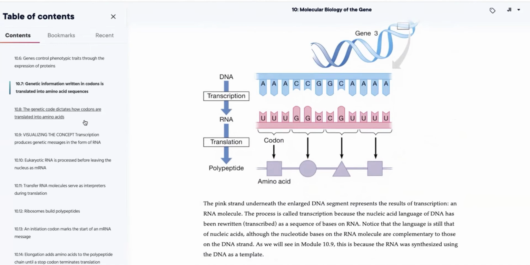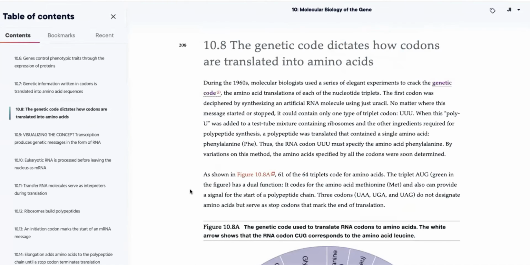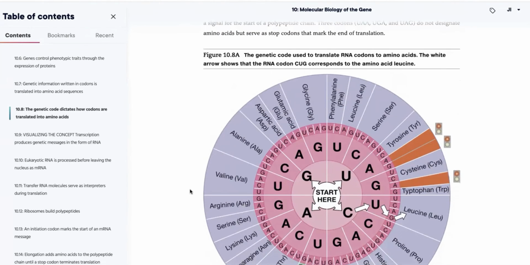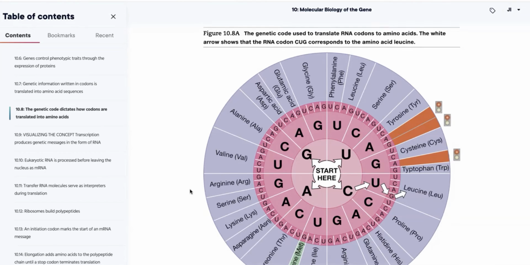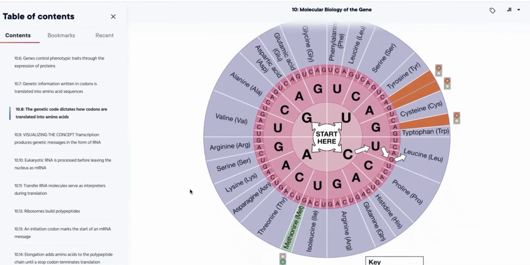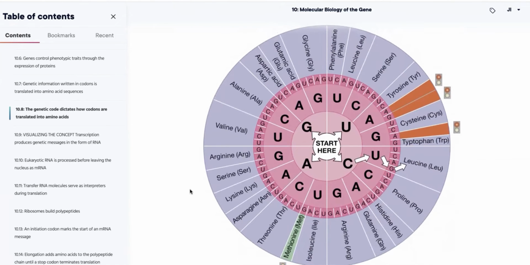So it's a really good idea to read through these sections, because I'm not going to ask you to come back and reread these sections when we actually talk about the process of translation, right? They show the genetic code in this circular chart.